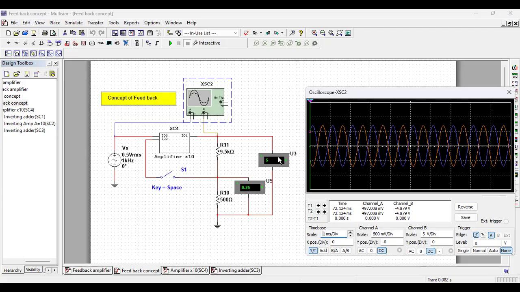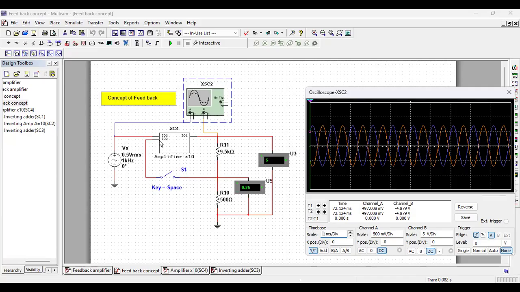So this is total 5 volt and it is 0.25 volt. So also a 1:20 ratio. So 1/20th of the output, I can, if I close this switch, give it to the input, right?